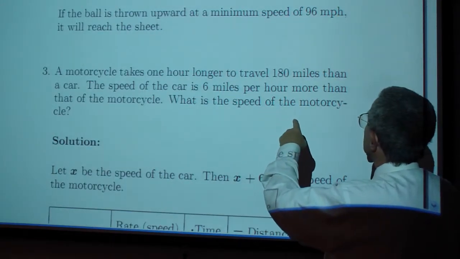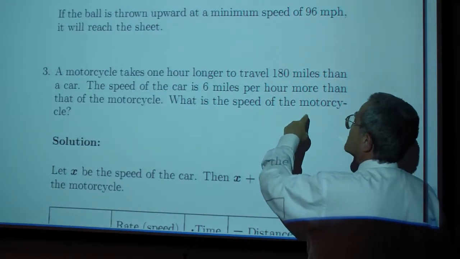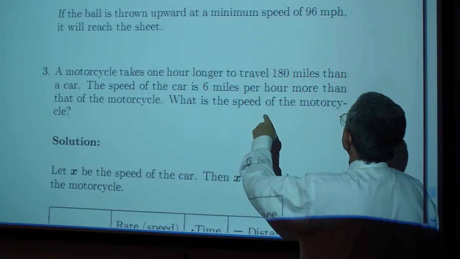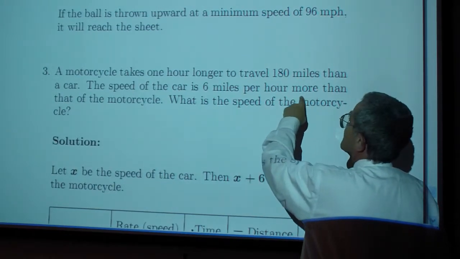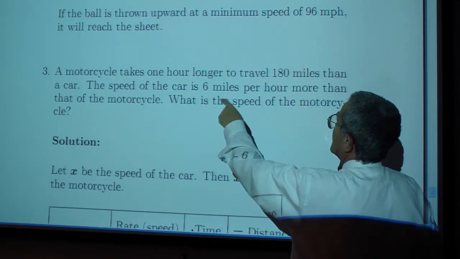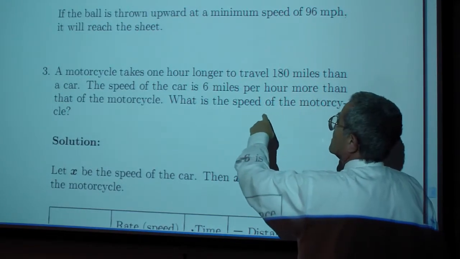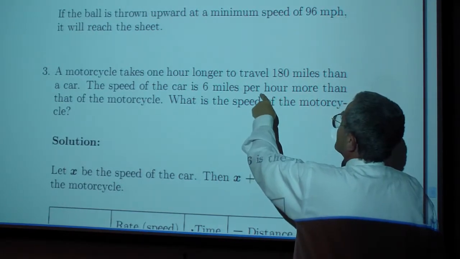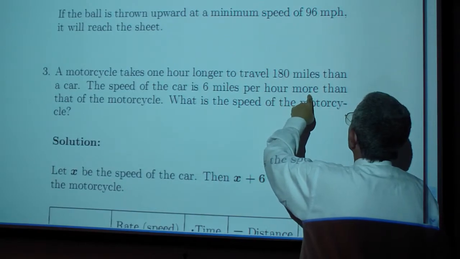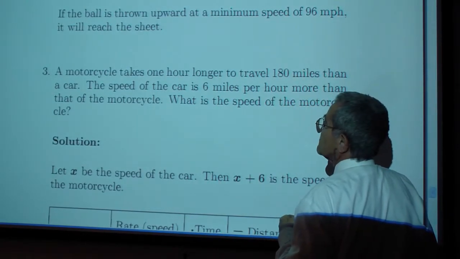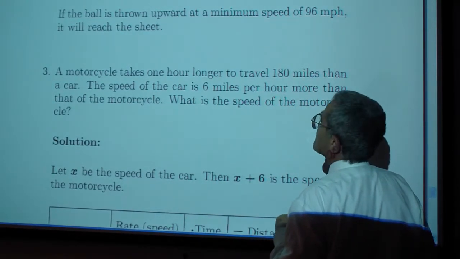One takes, where is it? The speed of the motorcycle is 6 miles per hour more than the car, where is the time?